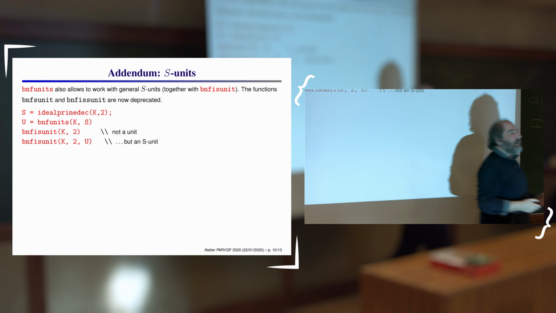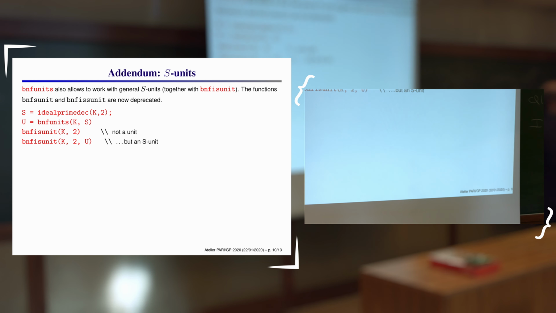So there used to be a BNF is S unit function, which is deprecated. Now BNF units computes the unit group or S unit group. BNF is unit computes the discrete log in this group.